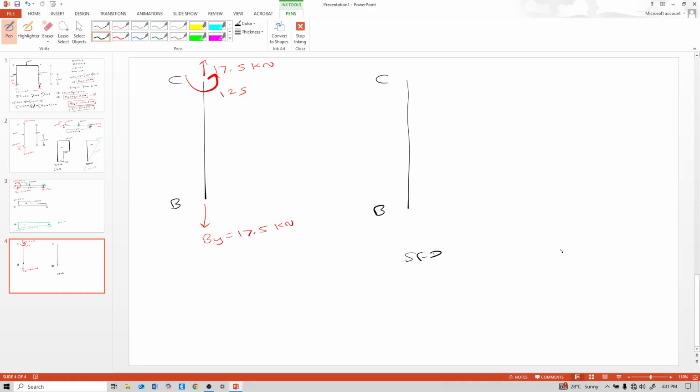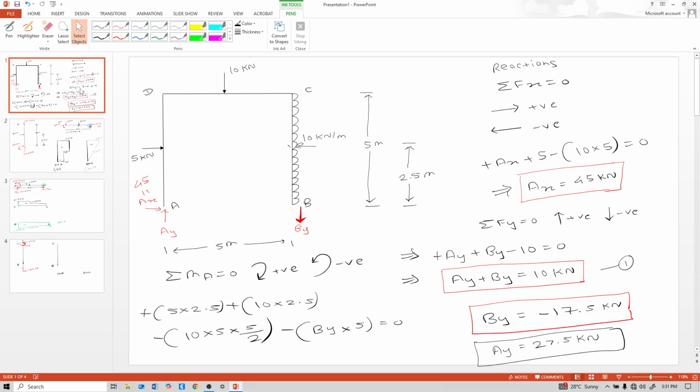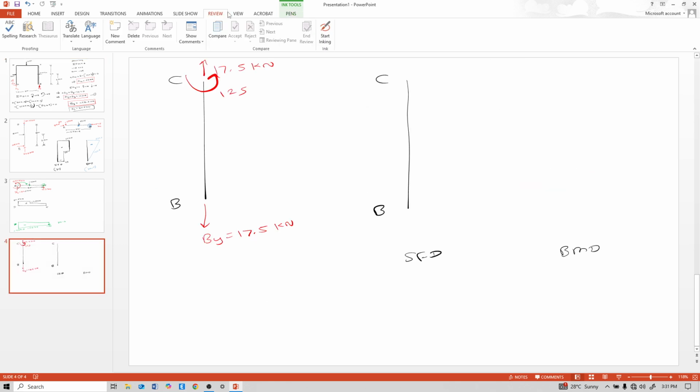Now calculate BMD. But see, no transverse load, but for this total whole structure, this CB, 10 kilonewton per meter load acts here. So we need to consider it.